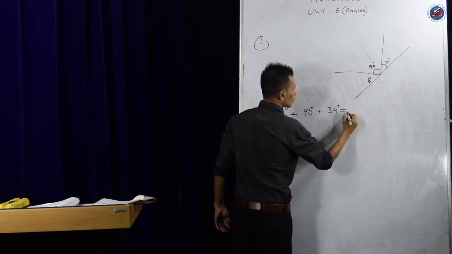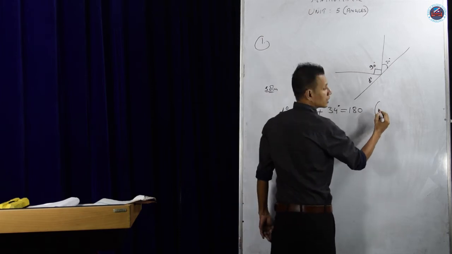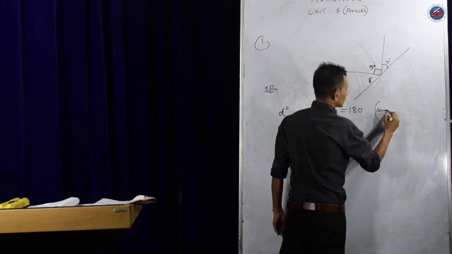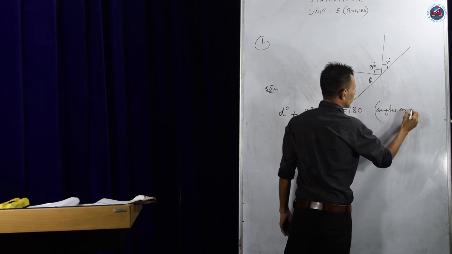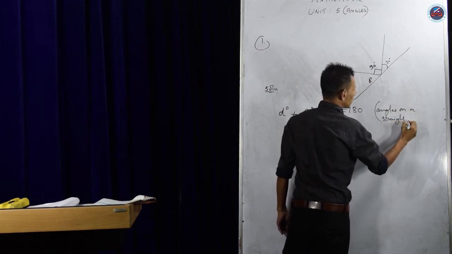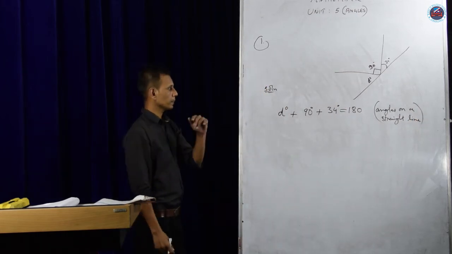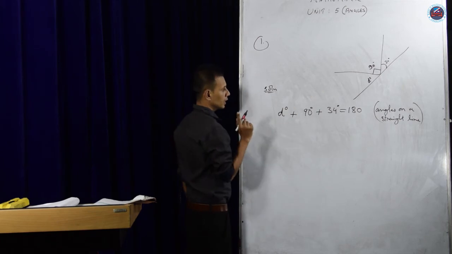I will get 180 degrees. And the rule is angles on a straight line. Angles on a straight line. You have to show the rule also, okay? I mean the reason. Okay.